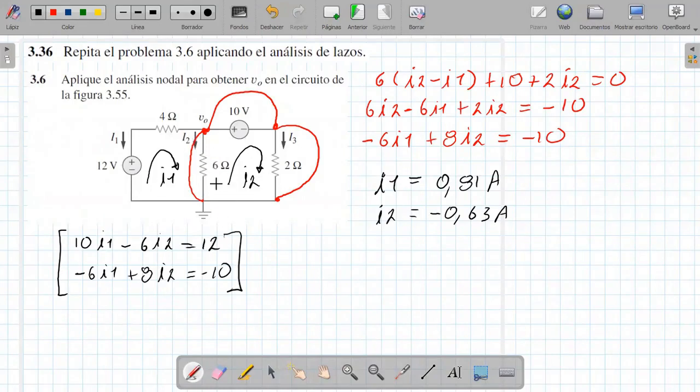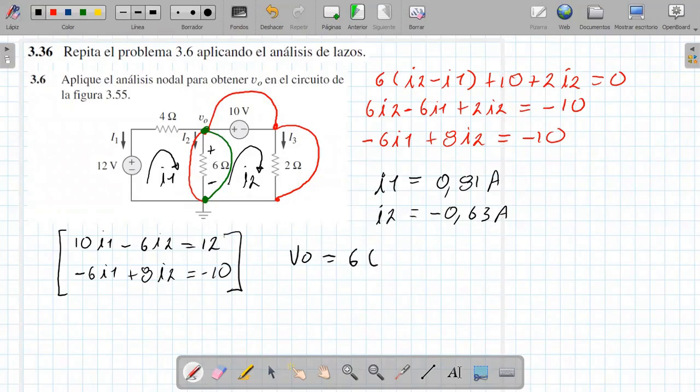Let's observe the current that polarizes that resistance. When we did nodal analysis in exercise 3.6, the current goes downwards. Therefore it would polarize plus and minus, and it makes sense because this is ground. So the voltage V sub 0, which is the voltage between this point and this point, is equal to the resistance, which would be 6, multiplied by the current I1 minus I2. Why I1 minus I2?